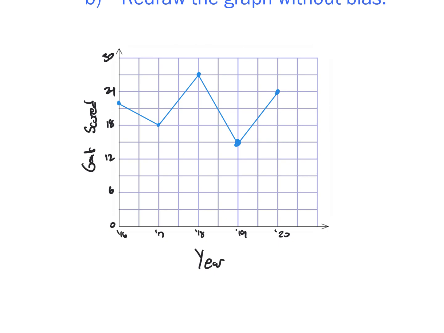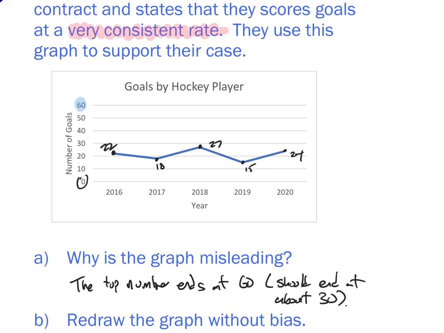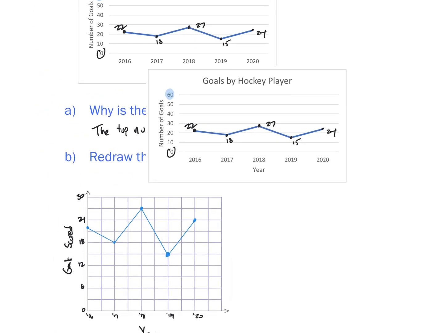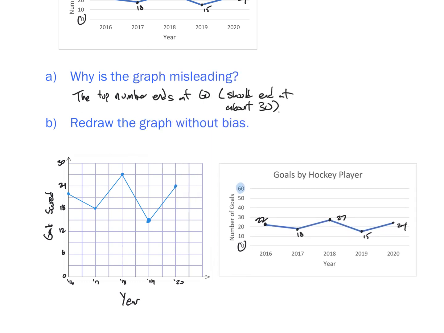Now when we look at this line graph and we compare it to our other line graph, we can definitely see a big difference. So let me go ahead and take this line graph and bring it downstairs, just so we could see, are these really the same graph? And they are. And that's the crazy thing. If we look at this first one, it looks like they're all kind of around the same.